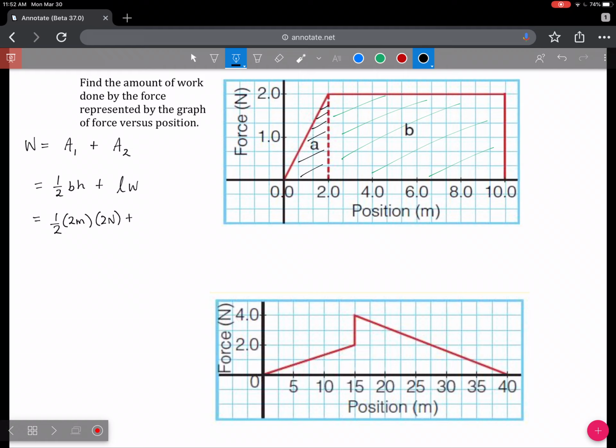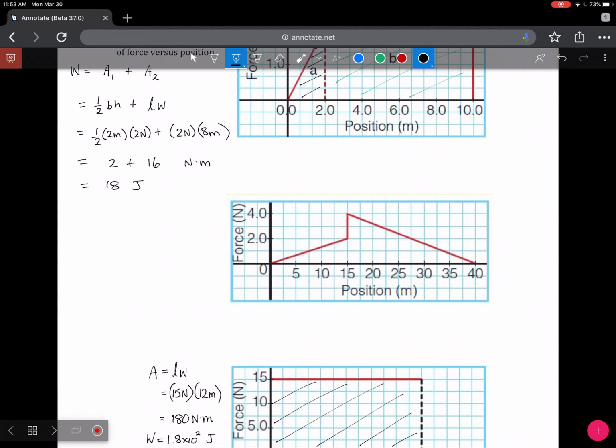For the rectangle, the length is 2 newtons, and the width is 8 meters, from 2 to 10, so that's 8 meters at the constant force of 2. Simplifying this, it will be 2 plus 16, we have 18, and that's Newton meters, so that's 18 joules, and 2 significant digits looks good there.